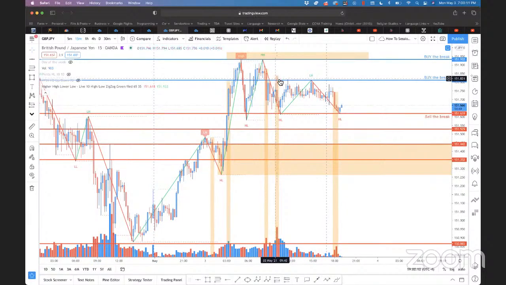If I took a sell off of this candle, I could at least roll it back down to the low, not have to worry about drawdown. If I take the trade from this high right here, I'm not having to worry about drawdown. At least I'm trading back down to the low. And if it breaks this low, I'm in trading down to at least this area right here.